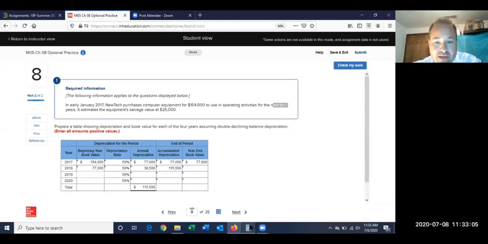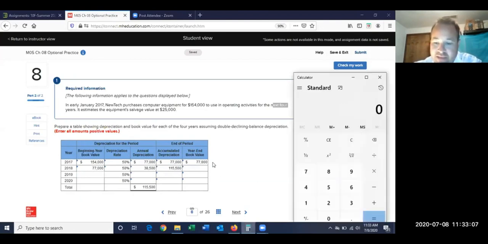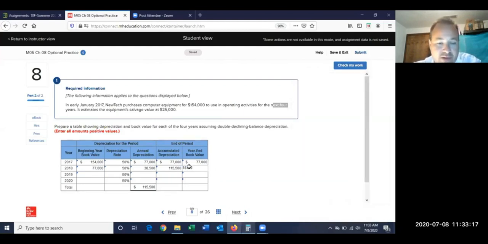My year-end book value, take the 77 minus my current year depreciation, 38.5. And it's 38.5. What happens when you do the 50%? It makes it so they come out the same.